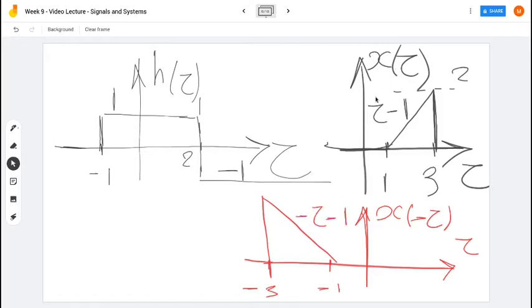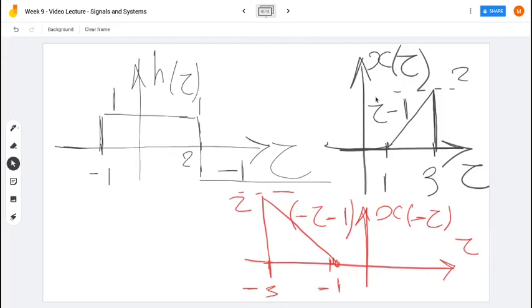If you substitute for tau equal to minus 1, you will get a 0, and if you substitute for tau equal to minus 3, you will get 2. So now we have the correct equation, minus tau minus 1. We're simply replacing every tau with minus tau.